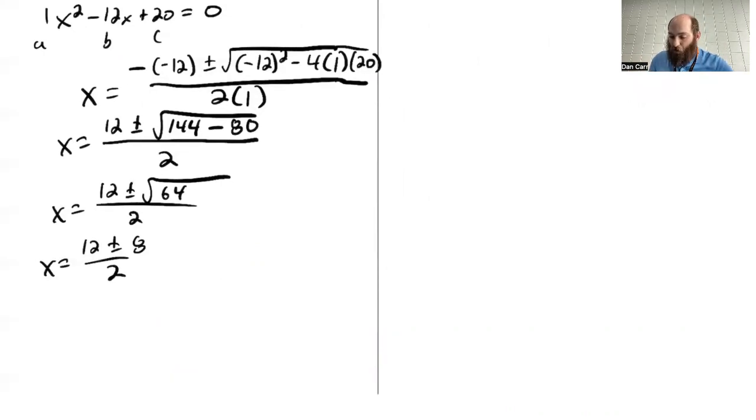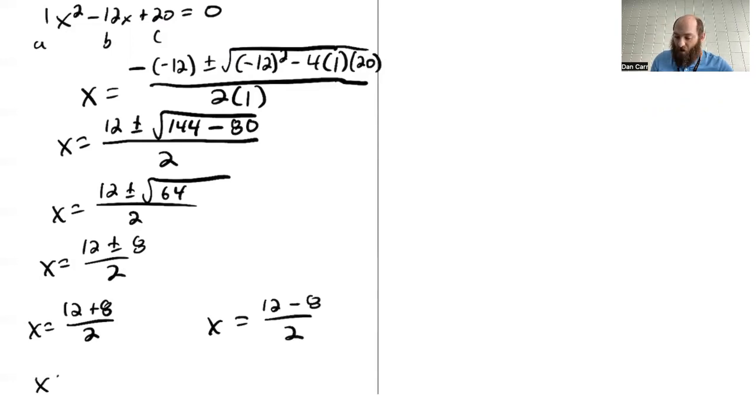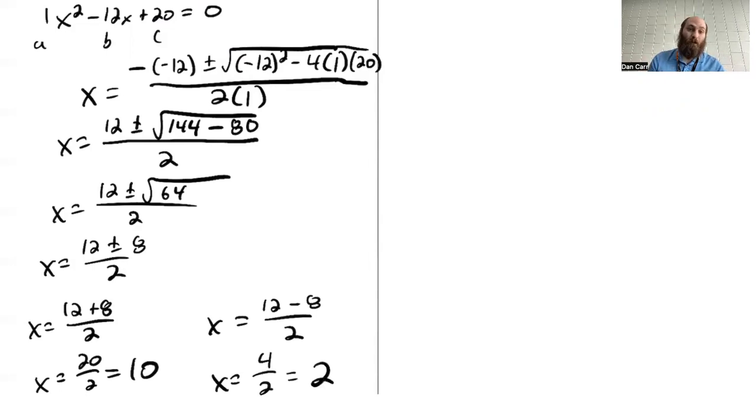This splits off into 2 possibilities: 12 plus 8 divided by 2, or 12 minus 8 divided by 2. So 12 plus 8 is 20, divided by 2, which gives me 10. 12 minus 8 is 4, divided by 2, which is 2. Those are my 2 answers, 10 and 2.